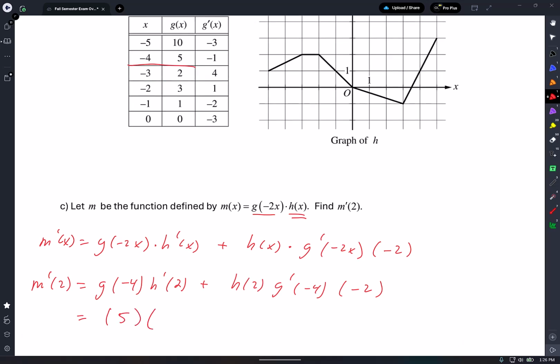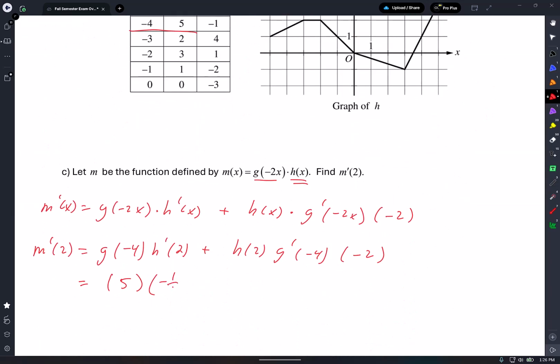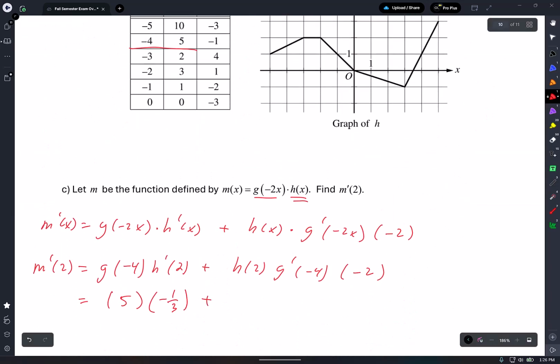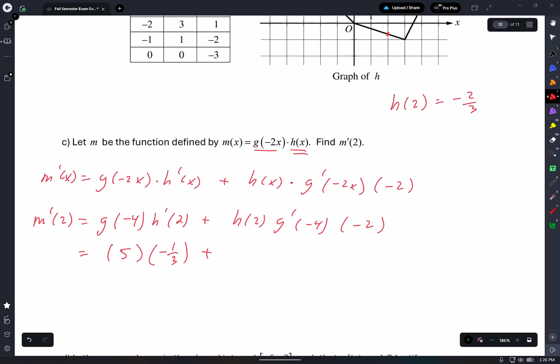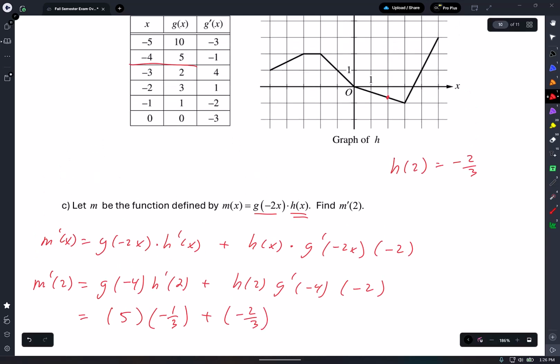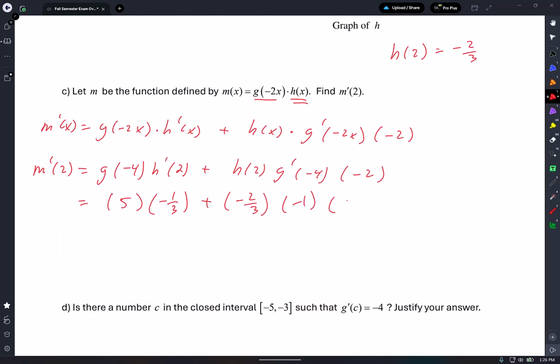And then h prime of 2, we already had that number. H prime of 2 is negative 1/3. Plus h of 2, well, we don't know that just yet, but we will. We know that the slope is negative 1/3, so h of 2 has to be a negative 2/3. I don't know why I put parentheses there. Sorry, guys. So negative 2/3. And then g prime of negative 4, well, I have it right here. That's negative 1. And then times negative 2.